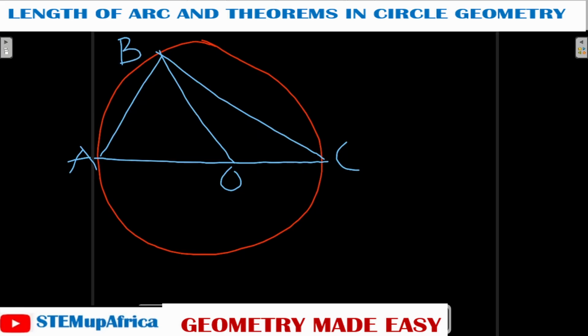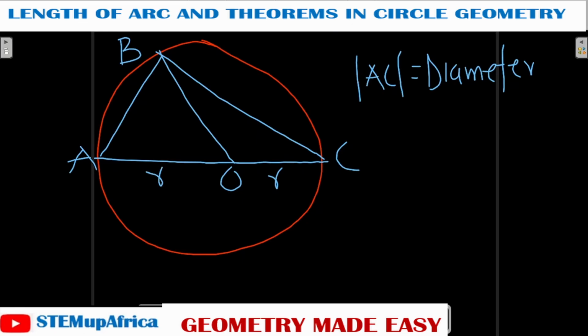So we are told that line AC is our diameter. From my previous explanation, it simply means that from O to C is radius, and from O to A is radius. A radius is a fixed distance from the center of the circle to any point on the circumference. That means from O to B is also radius.